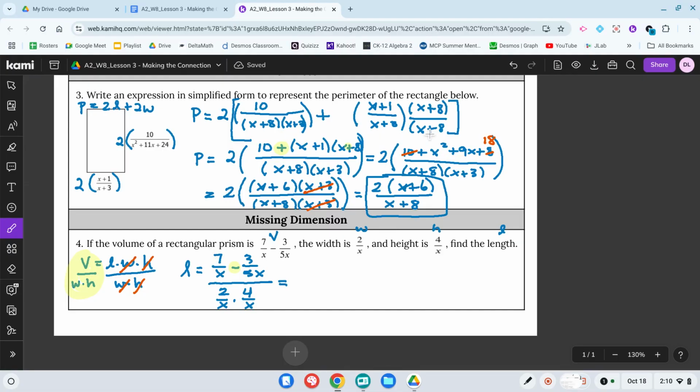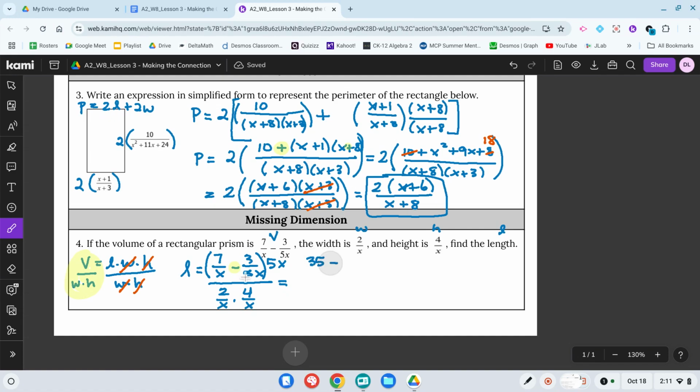And we will go ahead and combine these. So up here, I multiplied by the missing factor. You can also take the whole entire thing and multiply it by your common denominator. So in this case, my common denominator is 5x. So when I multiply 7 over x times 5x, the x's are going to cancel, and I'll have 35.